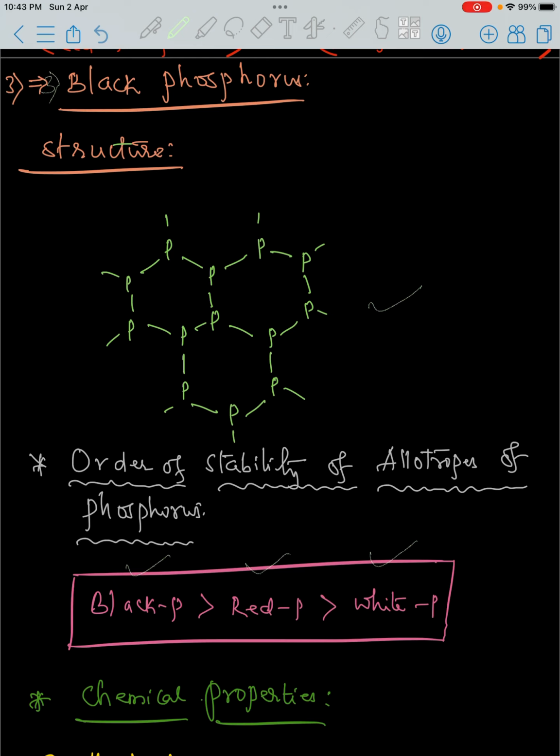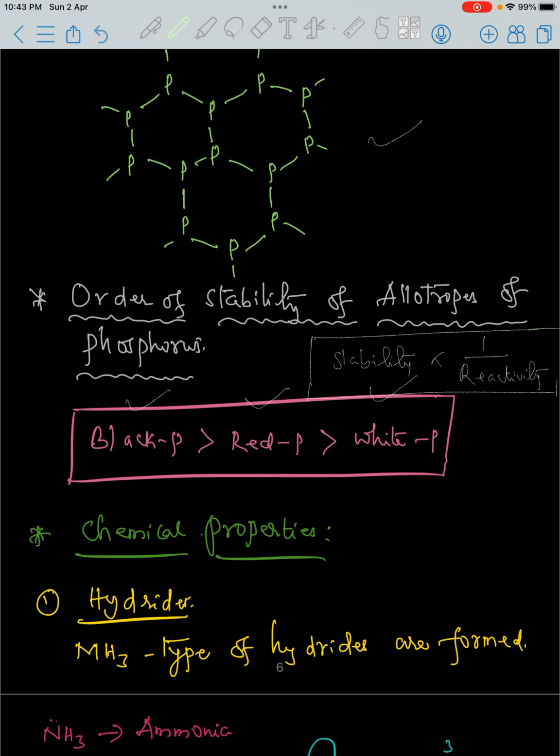So stability is more for black phosphorus, hence its reactivity is less. Reactivity is more for white phosphorus, and stability is more for black phosphorus. This is the stability order of the different allotropes of phosphorus.